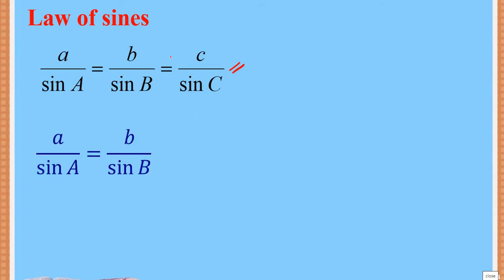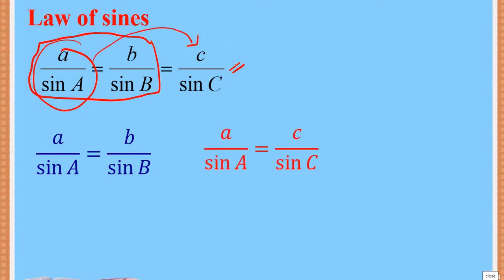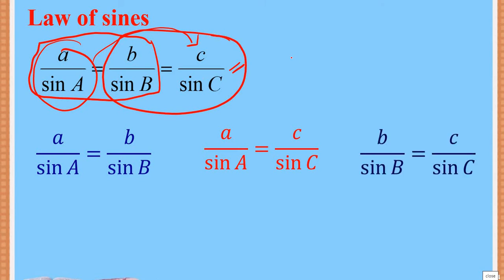We can have A over sine A equal to B over sine B. Or the first one equated to the last, giving us A over sine A equal to C over sine C. Or the last 2 formulas, giving us B over sine B equal to C over sine C. So this is all we have to remember: side A over the sine of its corresponding angle, side B over the sine of its corresponding angle.